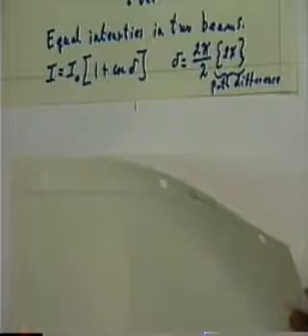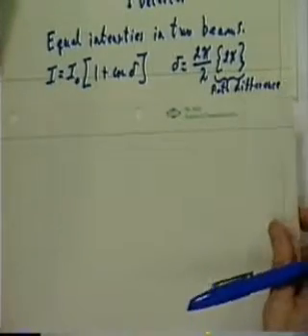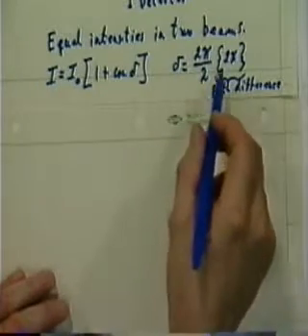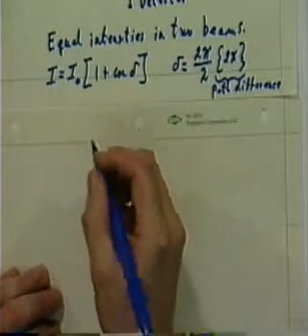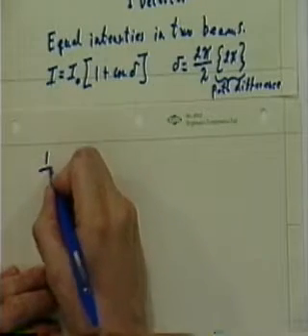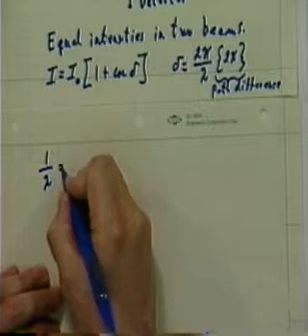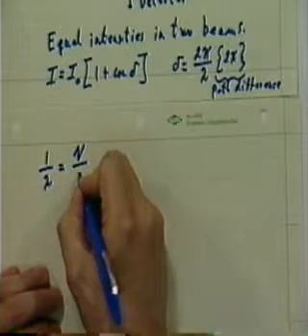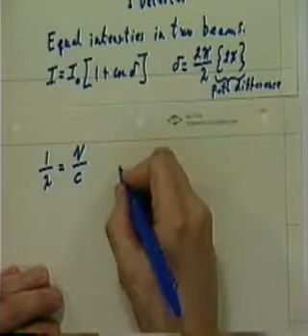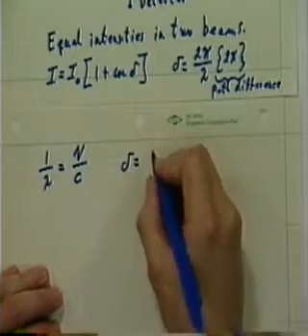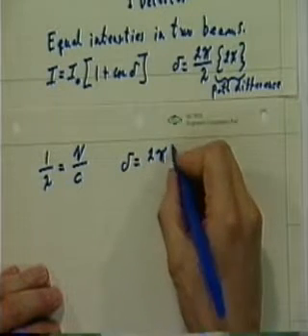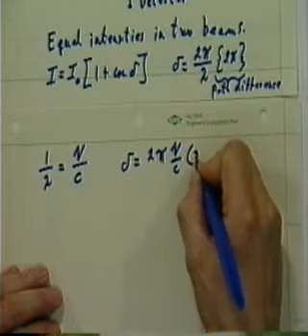So we want to play with this a little bit, see what we get for a coherence function. Rewrite this just a little bit differently. We know that c is equal to lambda times the frequency, so 1 over lambda is what? Nu, the frequency, over the speed of light, c. And so we can come up here and say, well, delta is 2 pi times nu over c times 2x.